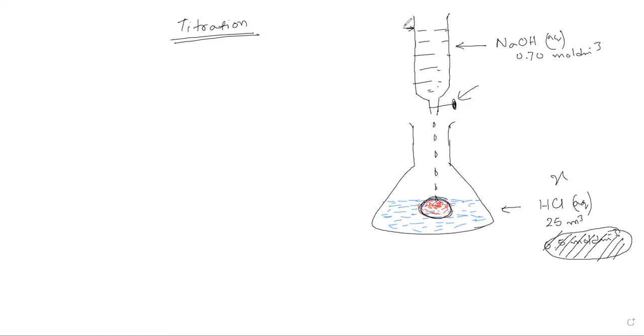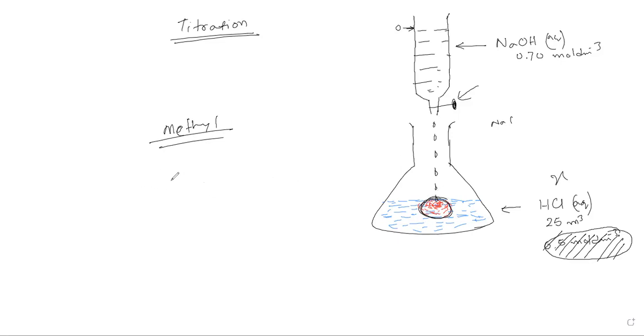The indicators help to form the color from one form to another. Now let's say the starting point is 0, and as the reaction proceeds and the drop adds, we shake the conical flask so that the sodium hydroxide gets mixed with the whole mixture of HCl. And this red color starts to vanish because the sodium hydroxide and HCl reacted. An indicator like methyl orange has different colors at different pH values.